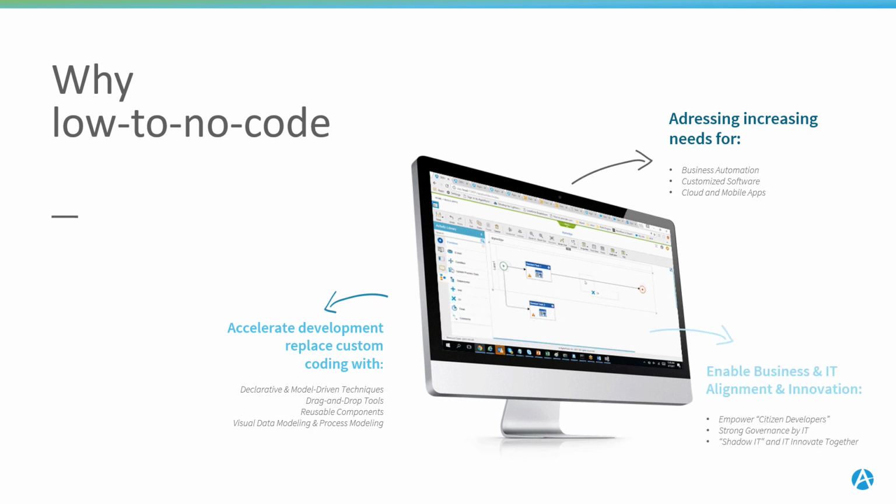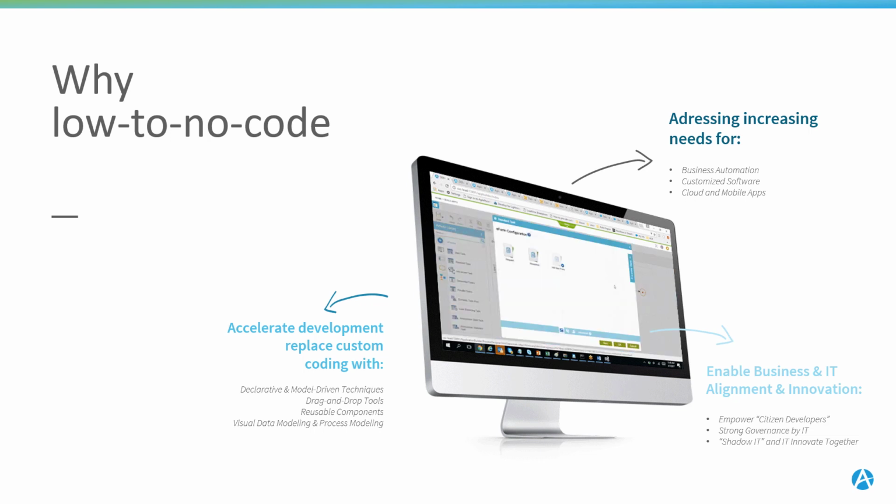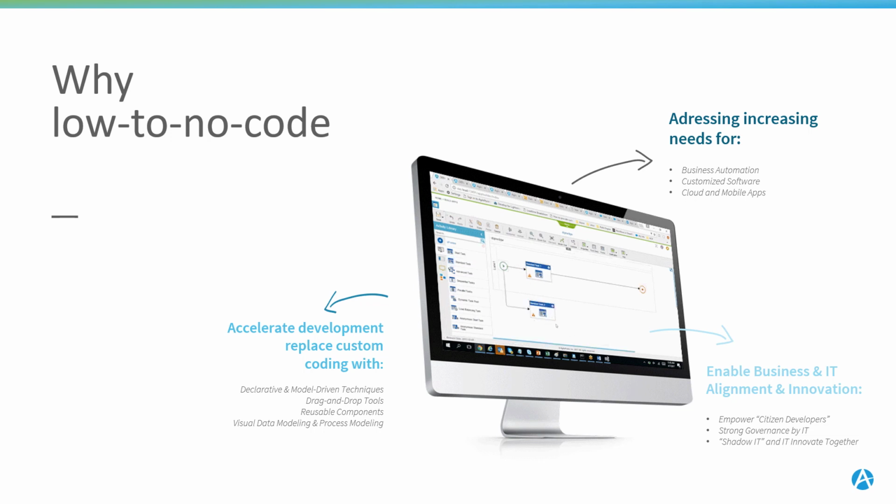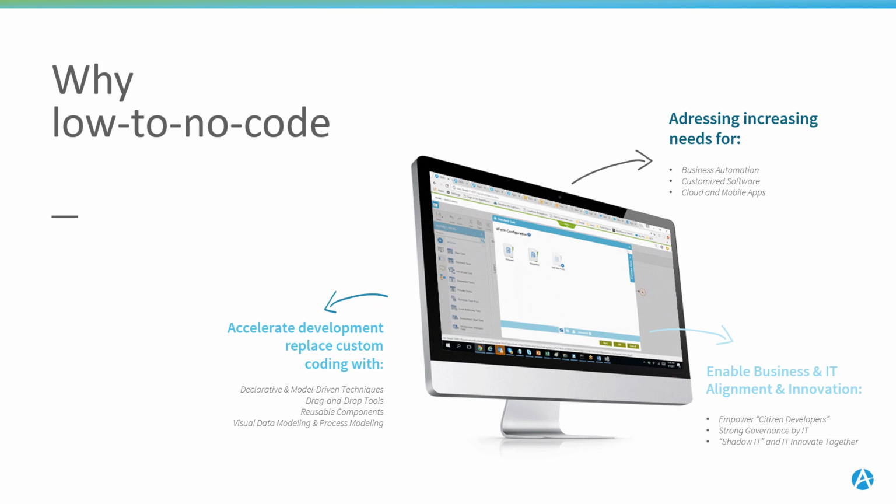And then lastly, and this really speaks to that ability to increase levels of innovation, is to empower additional developer types, to tap resources who may know these processes the best, but do not have coding skill sets. Of course, if we're going to expand the talent pool, we need to ensure that governance is adhered to, that we have guardrails and best practices defined and enable our less technical users to develop within those constraints.